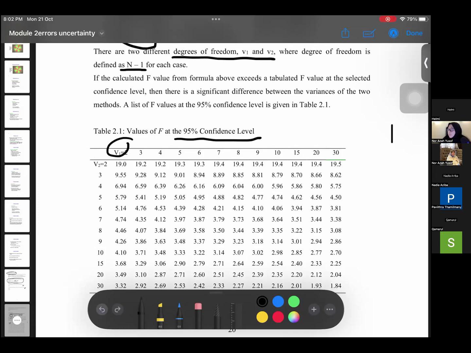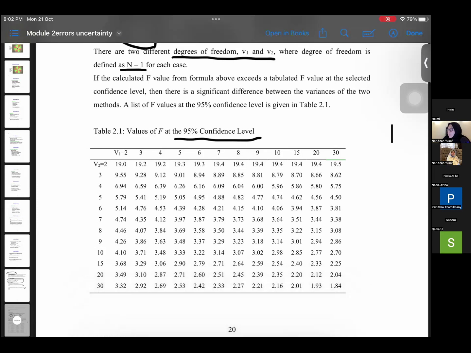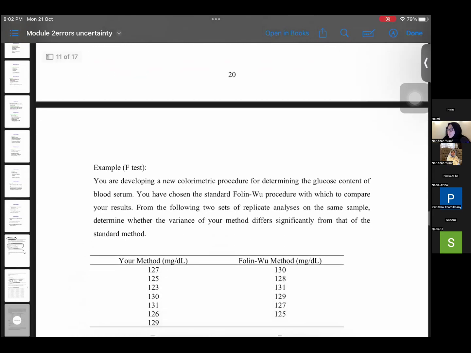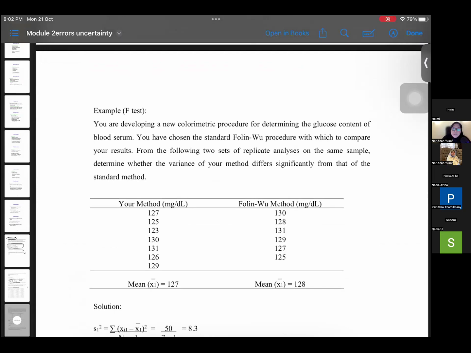All right, so look at the questions. This is one example of the usage of the F-test. You are developing a new colorimetric procedure for determining the glucose content of blood serum.